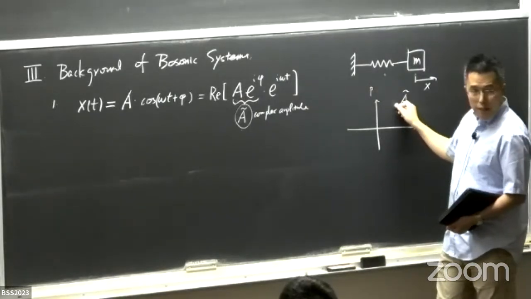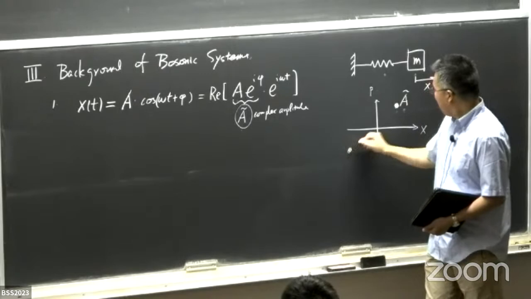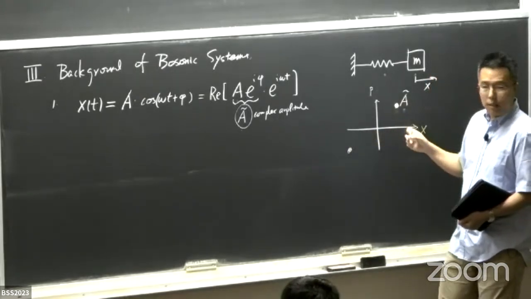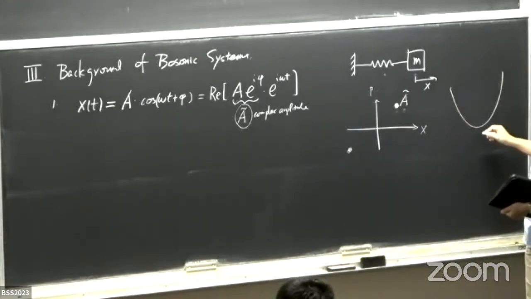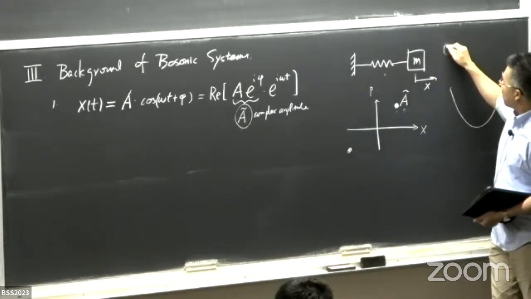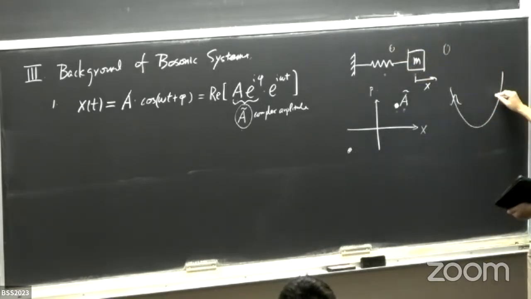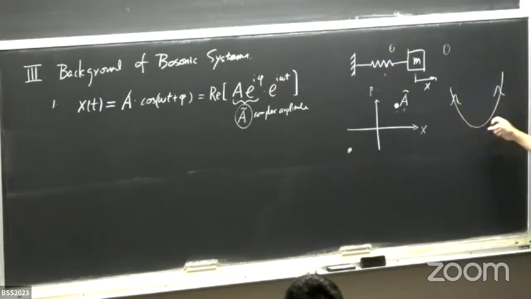For example, the cat state corresponds to a superposition of two complex amplitudes. Think of a harmonic oscillator where the masses start at plus A and minus A locations, so quantum mechanically we have wave packets starting at plus A and minus A. At a quarter of the evolution period, they come and meet in the middle, and there is an interference pattern, which corresponds to the interference of the cat state.